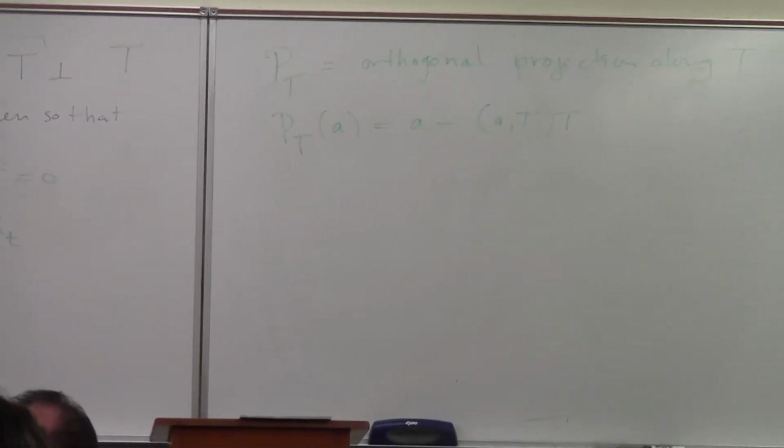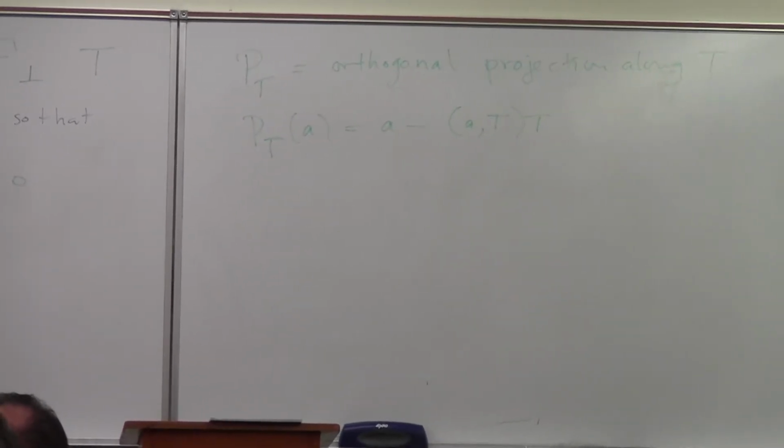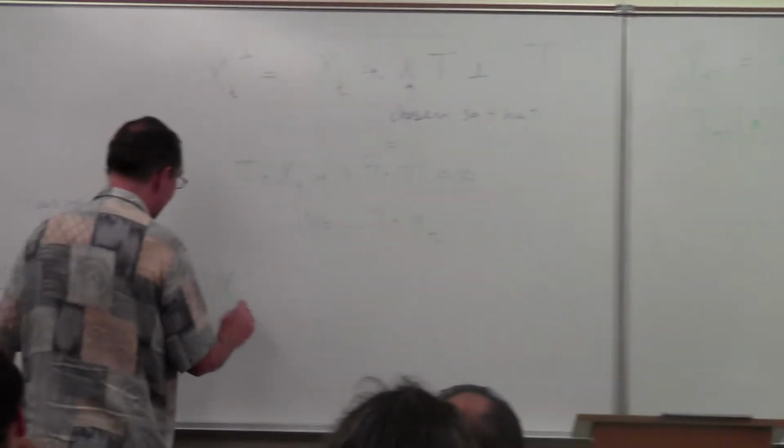The projection normal to T, or normal projection along T, of some vector a is just a minus the inner product of a with T, times T. So that means that the normal velocity is the normal projection along the unit tangent of x_t.